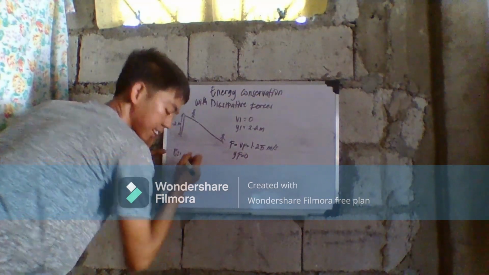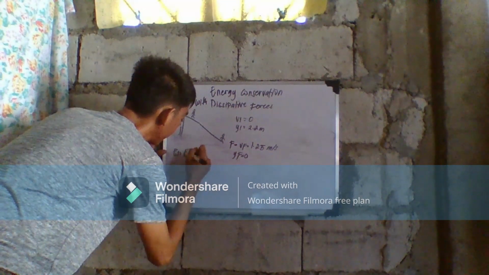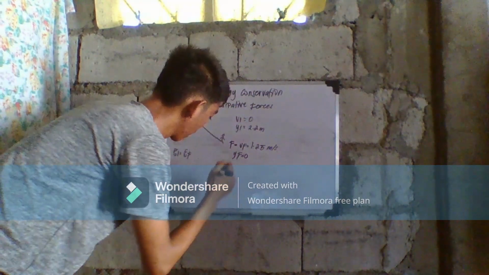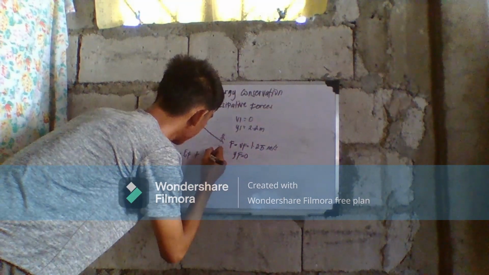Energy initial equals energy final plus energy total.